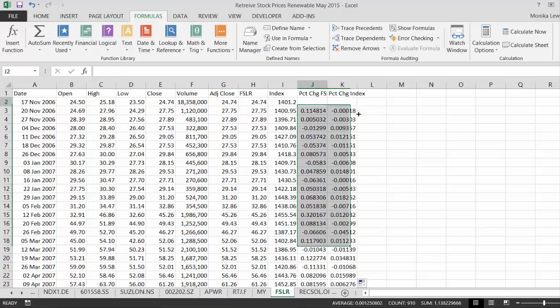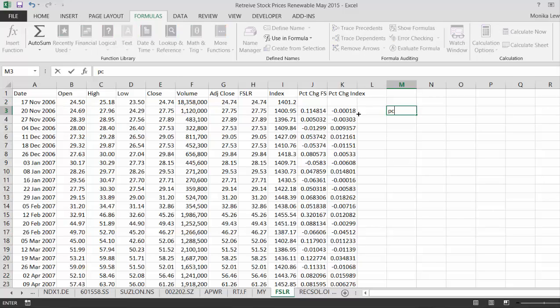If you wanted to make, we say the beta, the equation is the percent change in stock equals A plus beta times percent change in the, God, I'm having a bad day, in the index.